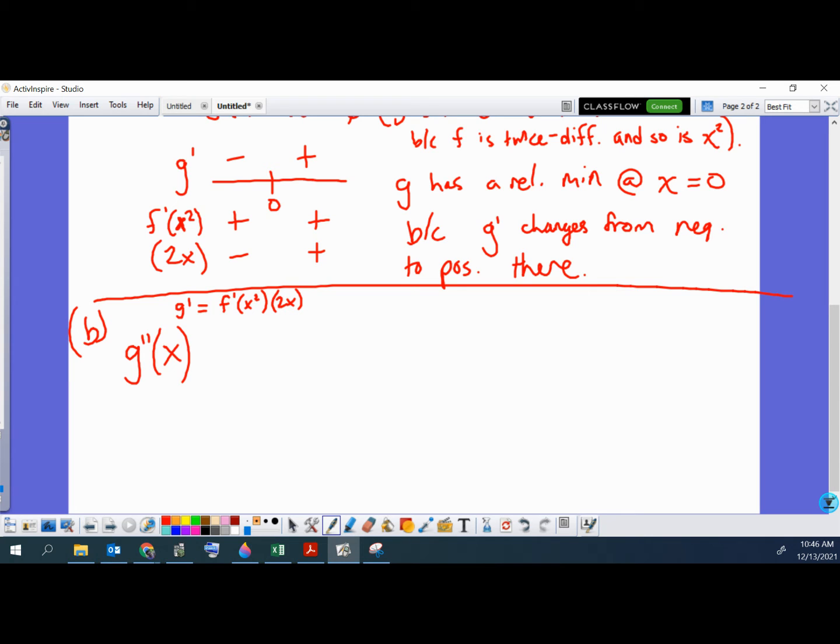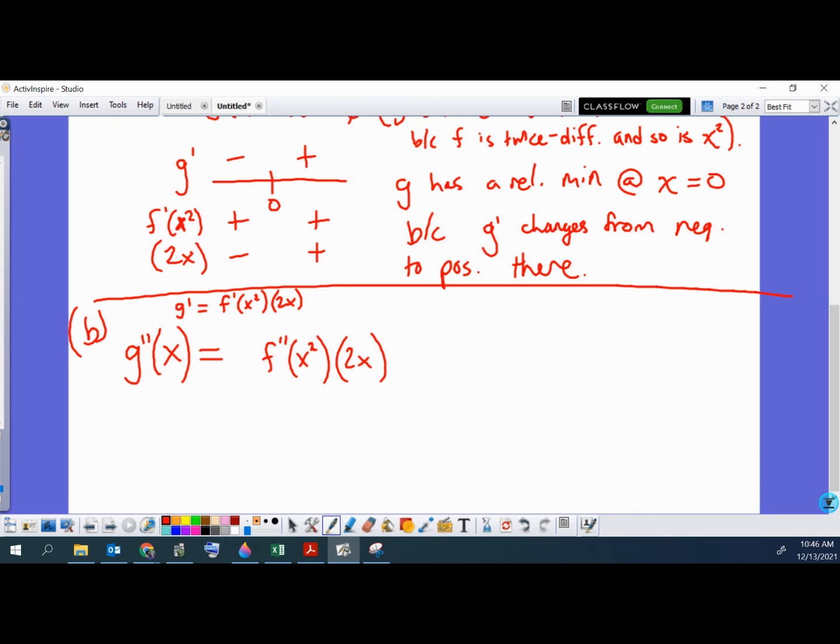We're going to do a product rule now with the chain rule, right? So I've got my u and my v. My u prime, I already know pretty much, right? It's going to be f double prime of x squared, and then times a 2x for the chain rule.